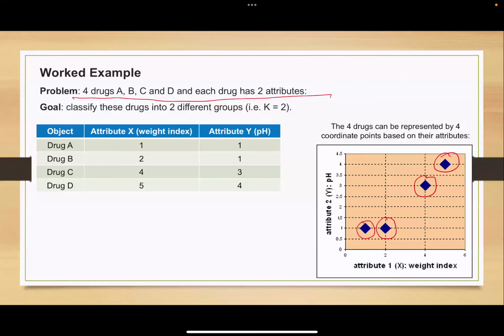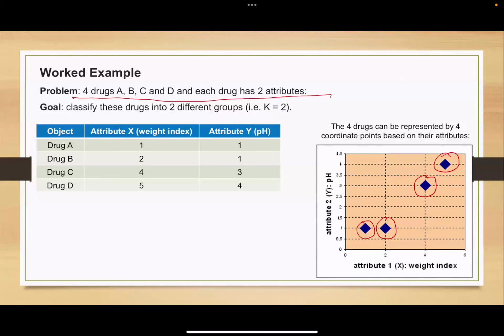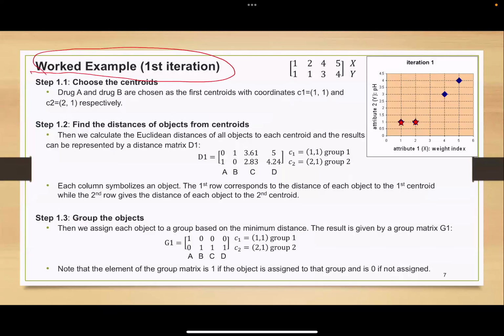And then we need to do some calculation. This calculation is very important, okay? It will be examined in the midterm exam. So let's go through it together. Here are the 4 data points.